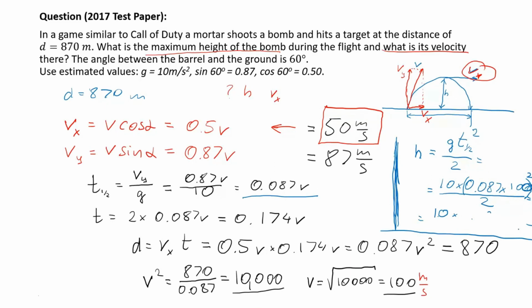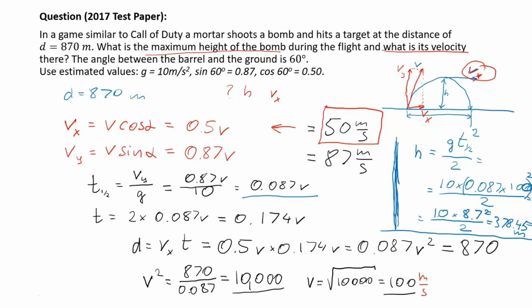But the time is 100. 0.087 times 100, it's 8.7. Okay, this times this. 8.7 squared over 2. And after calculating this result on a calculator, it's 378.45 meters. So that's the final thing.